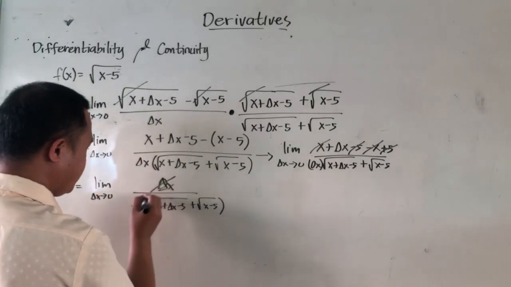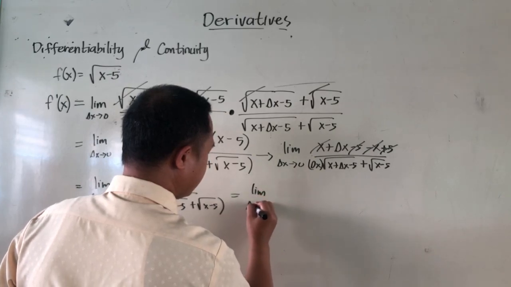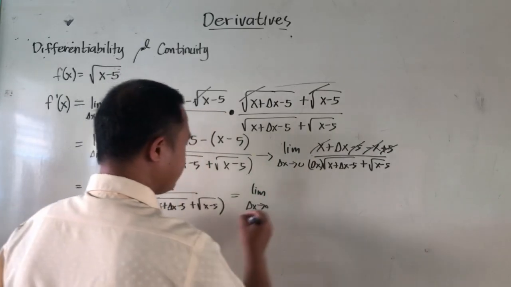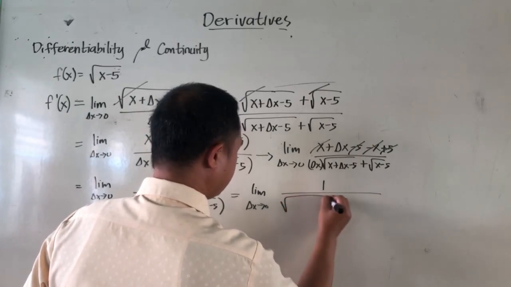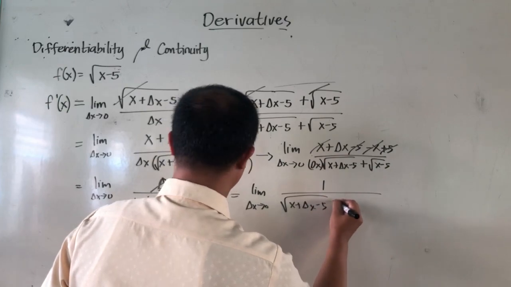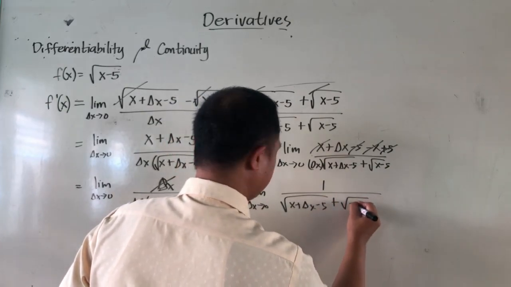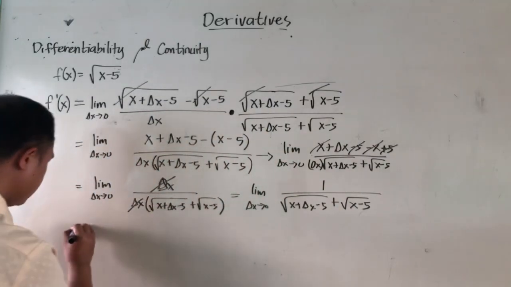Okay, and then we need to cancel it out. That will be the limit as delta x approaches 0 of 1 over the square root of x plus delta x minus 5 plus the square root of x minus 5. Okay?